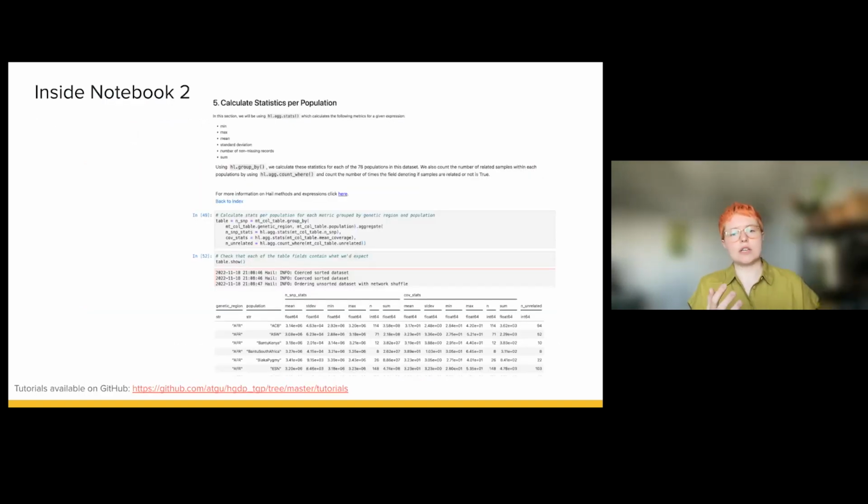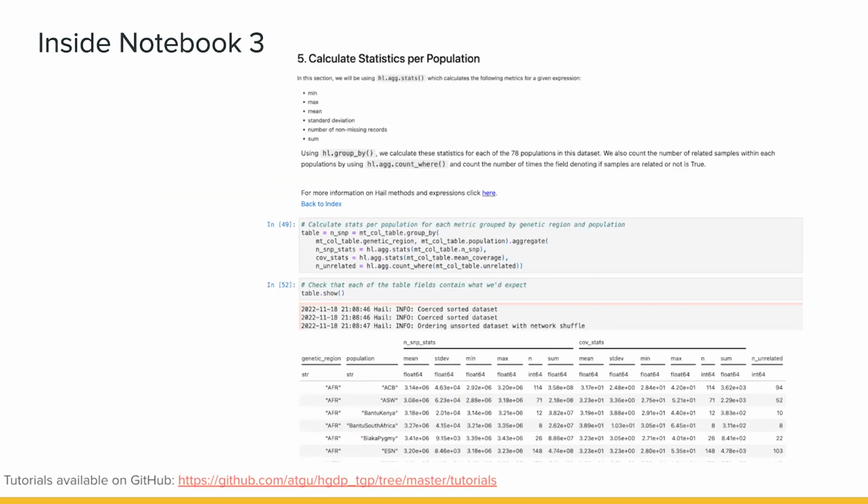And so here is an example of what happens. This is specifically calculating statistics per population. You can see in these notebooks, we also include more information on specific Hail functions. So if you're unfamiliar with Hail functions, this is a drop-down menu that will have a clickable link, and it will take you to the Hail documentation page where you can learn more about whatever functions that we are using.